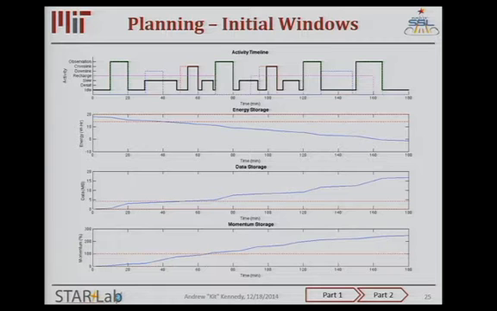And it makes sense. Energy is used up as you do these activities, data is produced as you do these activities, and angular momentum is produced as you transition between these activities. So we want to, first off, meet data storage requirements, because the windows for downlinking to the ground are so limited.